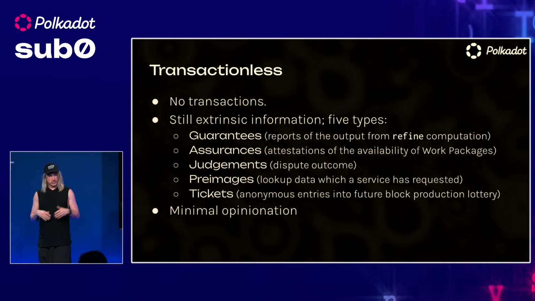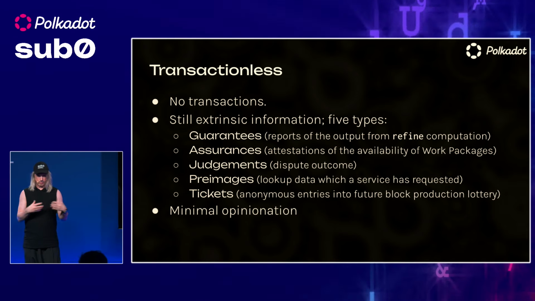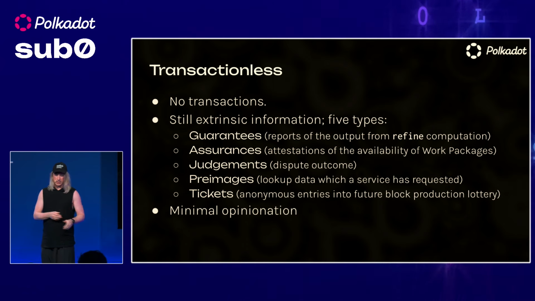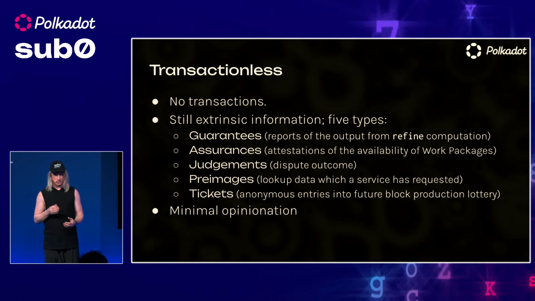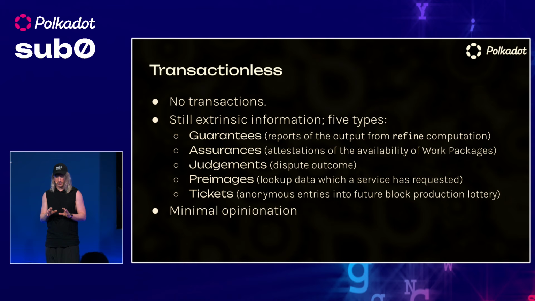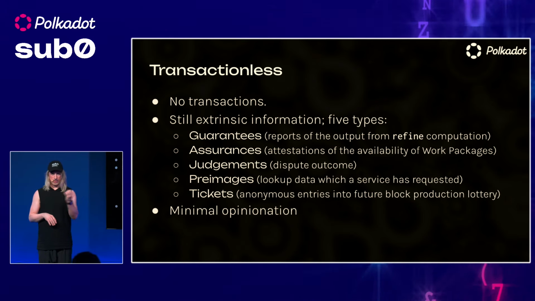Pre-images are a piece of functionality that the JAM chain provides specifically for the refine function. I mentioned the refine function is essentially stateless, but there's one particular thing it can do that is kind of stateful, and that is it's allowed to look up the pre-image of a hash.